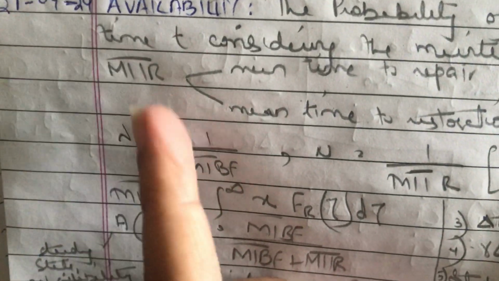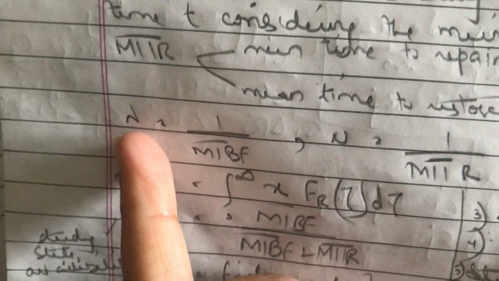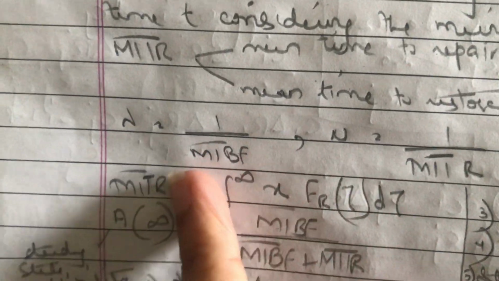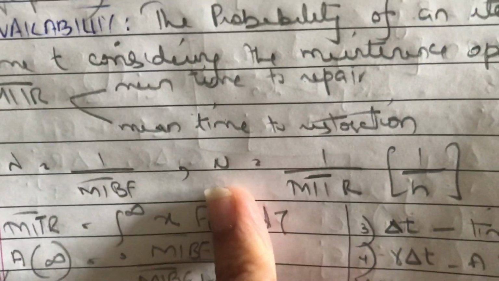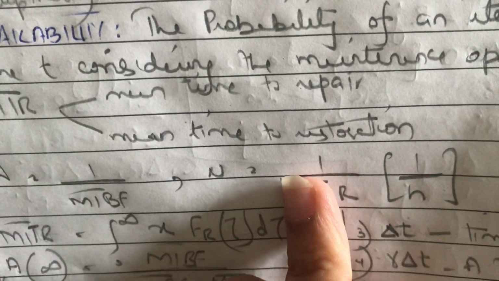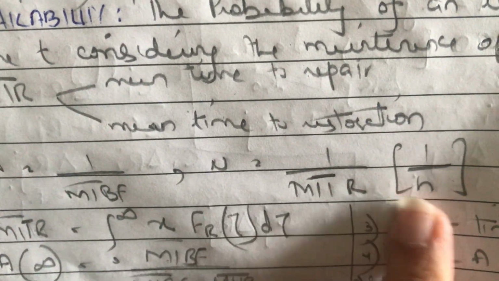The unit for failure rate is failures over hours. So mu has the unit of 1 over hours.